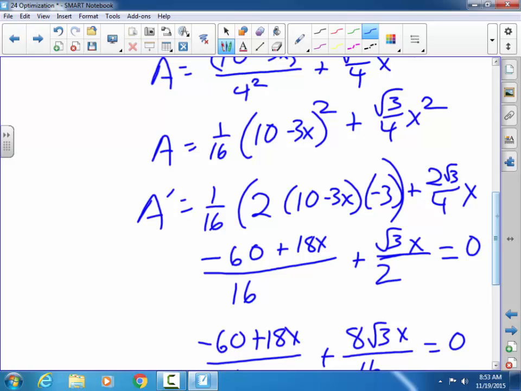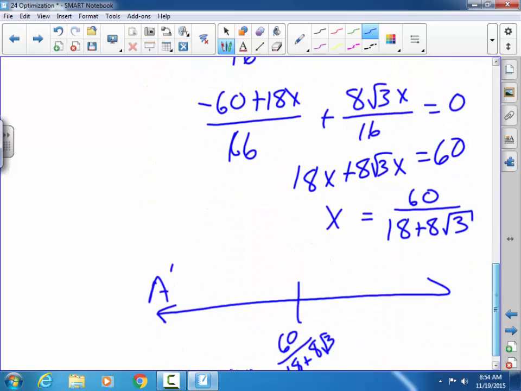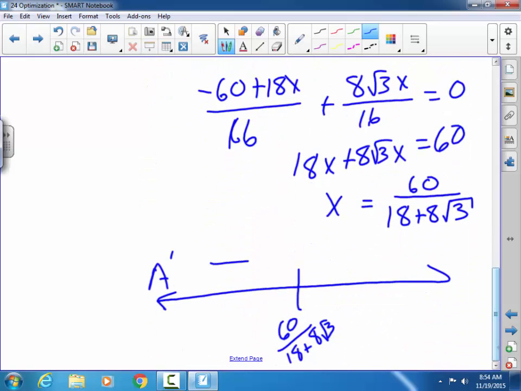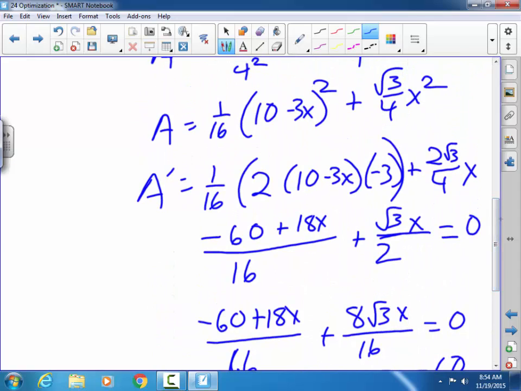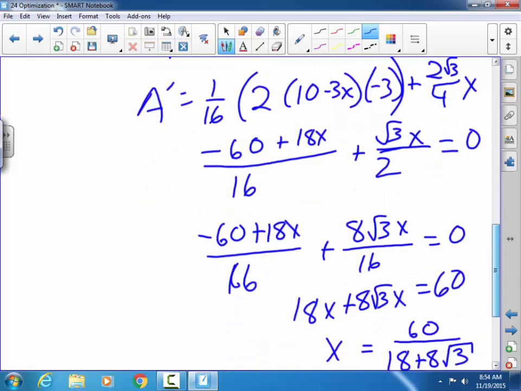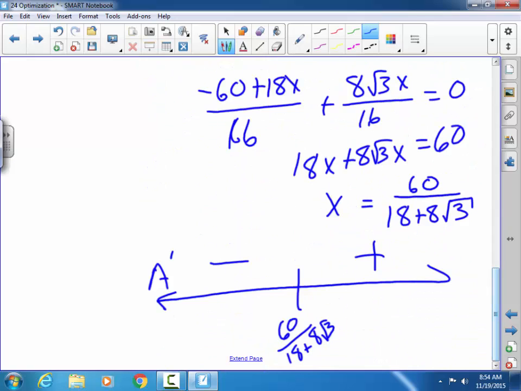If we put 1 in here, that's going to be smaller than 1, so we get a negative. What's a number bigger than that? 10. 10's a nice number to work with here. 10 minus 30 is negative 20. It's going to be a positive number. So it is indeed a minimum. That will give you the minimal area there.